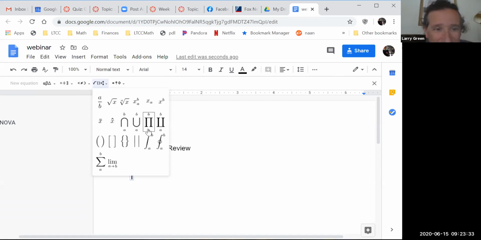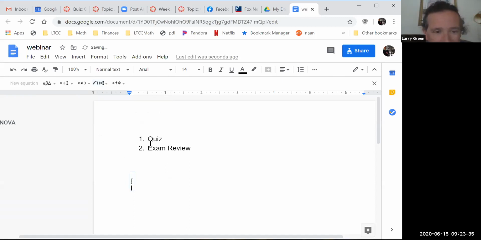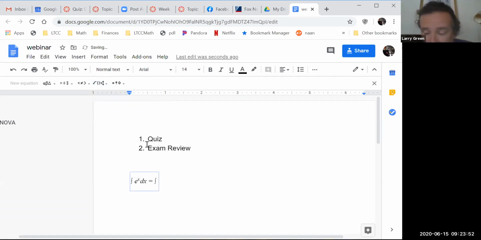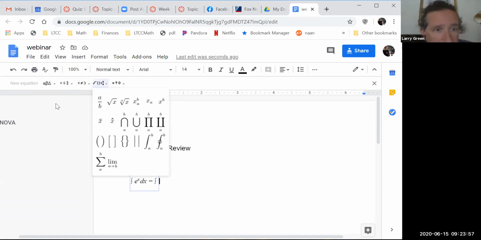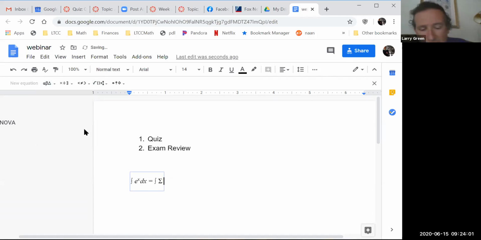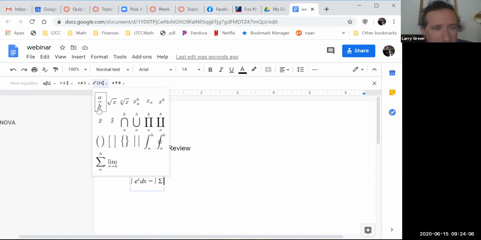So if you want to do the integral of e to the x, dx, well, that's equal to the integral of the summation of x to the n over n factorial, right? dx.